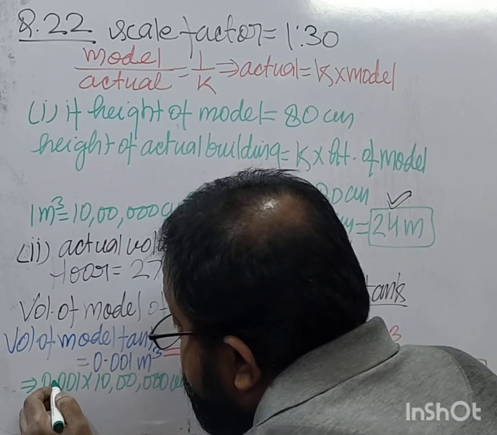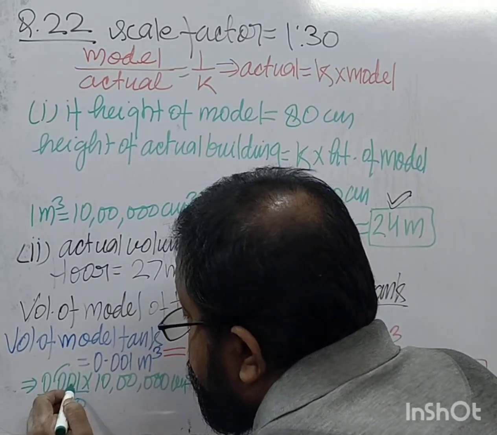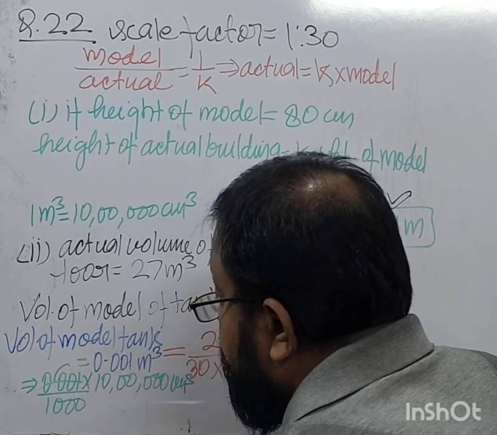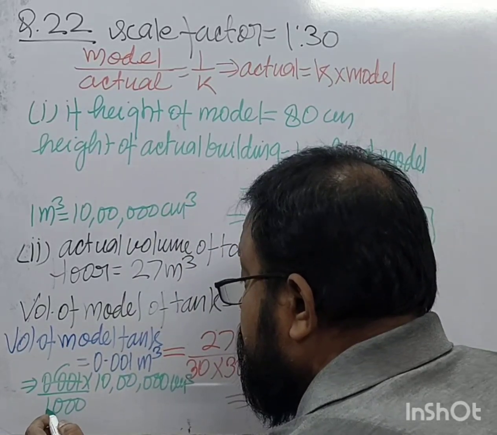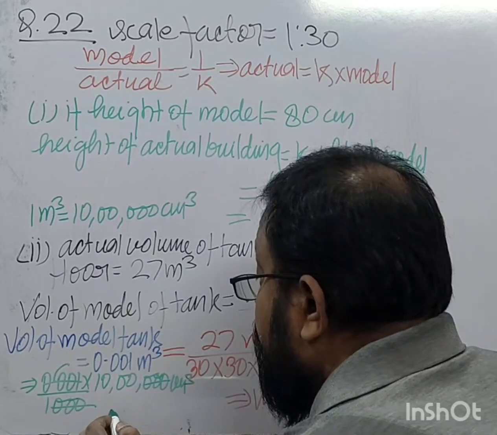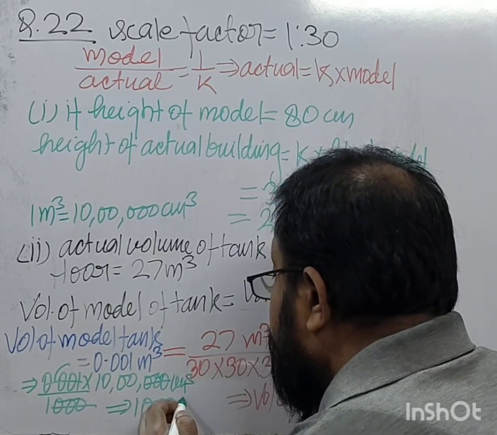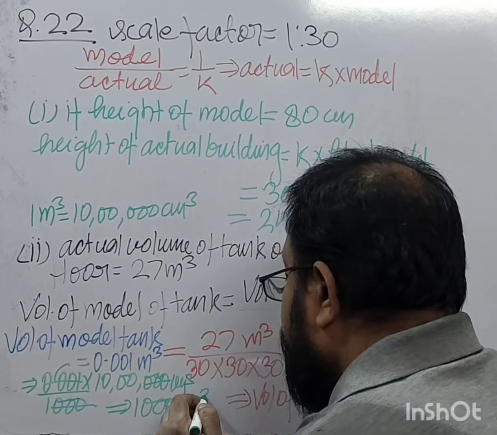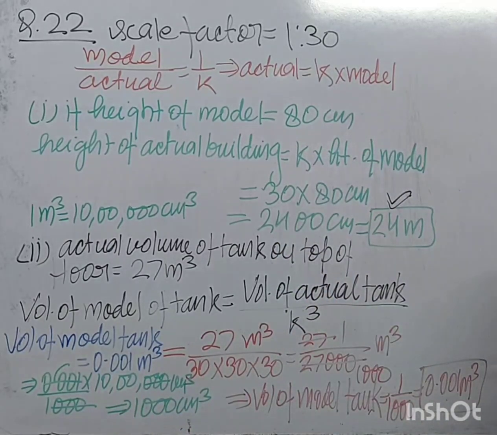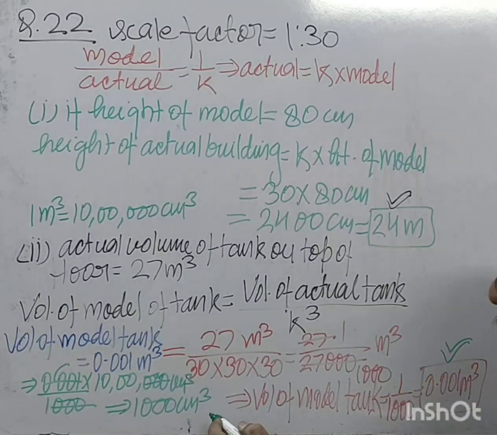You remove this decimal from here, take 3 zeros, so 3 zeros are gone, it becomes 1000 centimeter cube, right? So this is also correct, this is also correct.